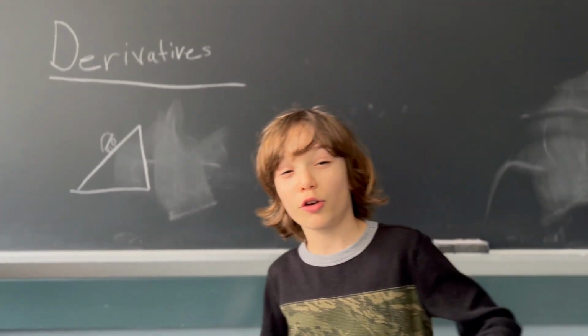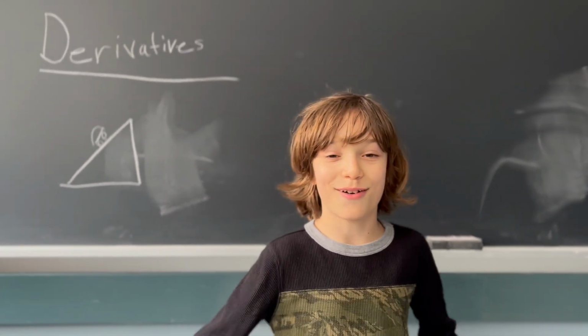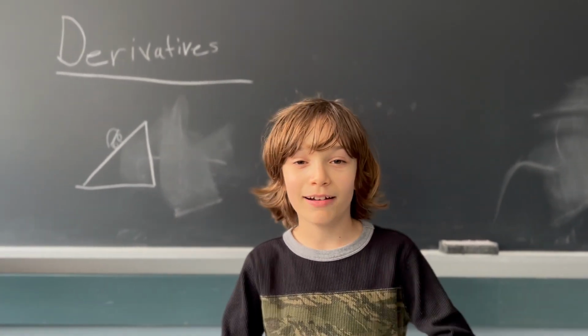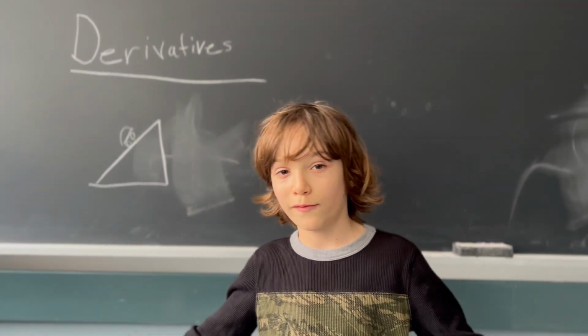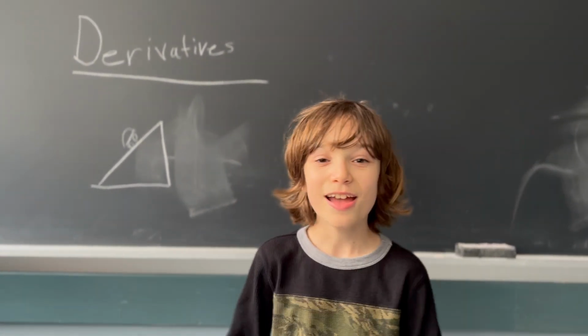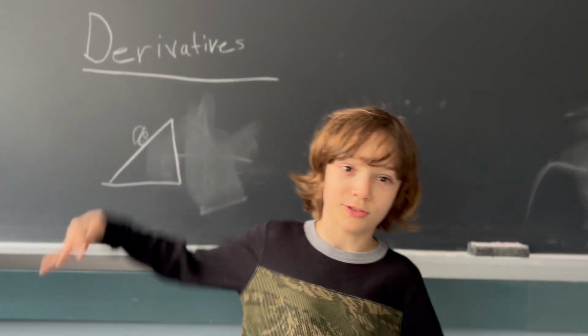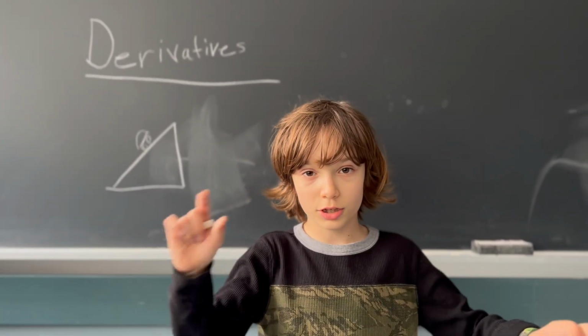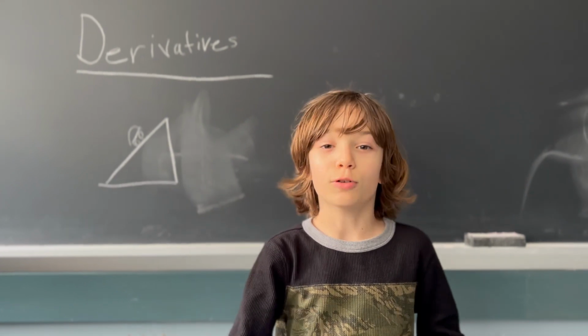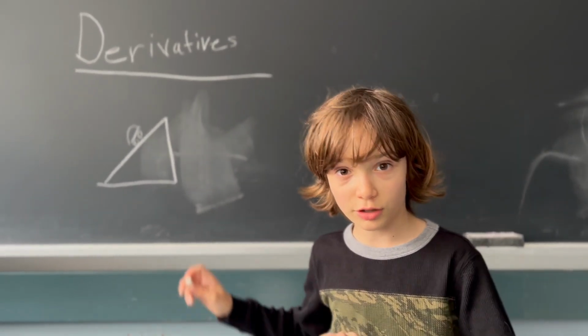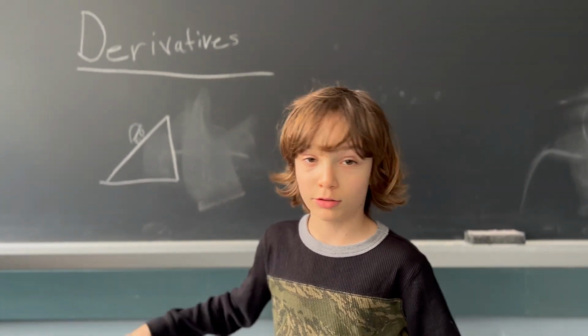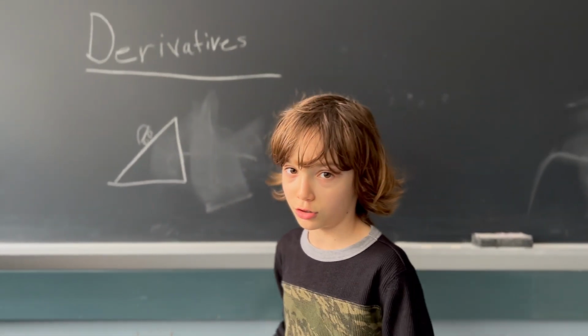But how much are we going to have to shave off the mountain? Well, they have to do it a little. They can't do it too much, otherwise they'll never get down. They can't do it too little, because then it'll be too steep. So they have to shave off just the perfect amount, which in this case would be a tiny bit. That's actually a derivative.